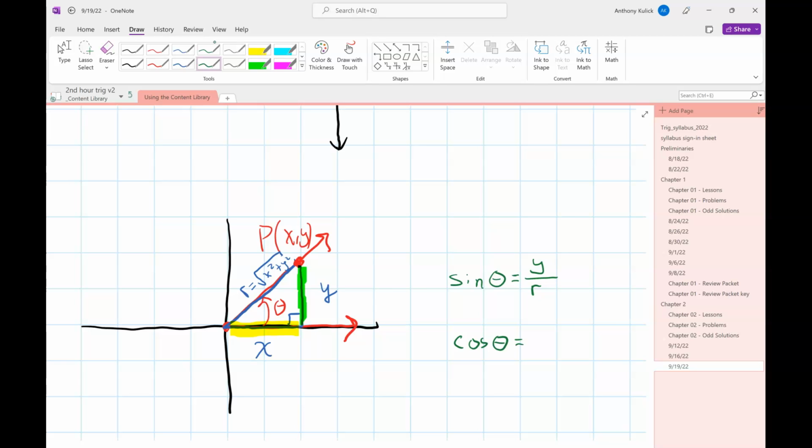Likewise, we can do the same thing with cosine. What will cosine be? x over R, thank you. And tangent will be y over x.